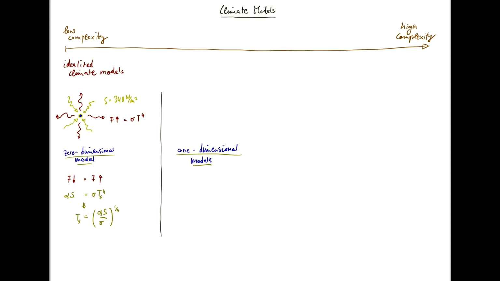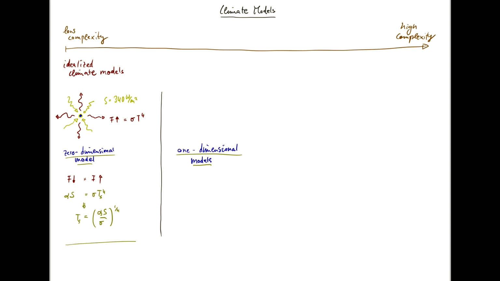And as we learned, if you just do a simple energy balance like we've done here with the zero-dimensional model, you get a fairly accurate surface temperature, because the dominant processes that set the surface temperature of Earth are the incoming solar radiation and the outgoing long-wave radiation. Now, there are many different components of the climate system that produce regional variations, time variations, etc. And so if you want to get a handle on those variations, you increase the complexity of your climate model.